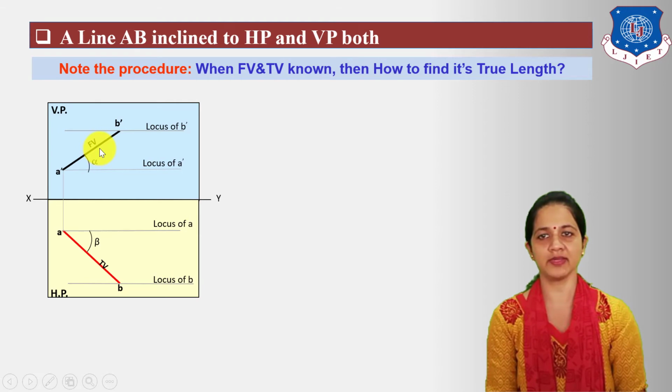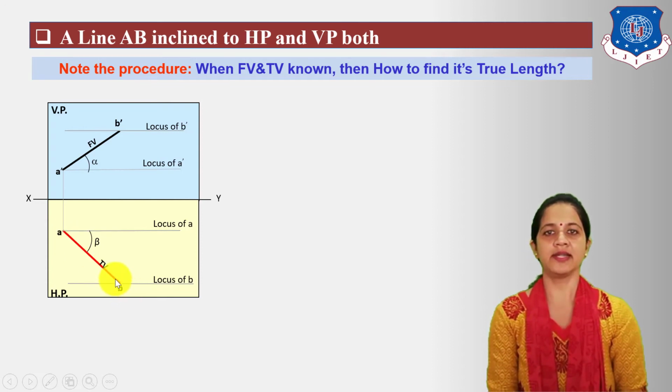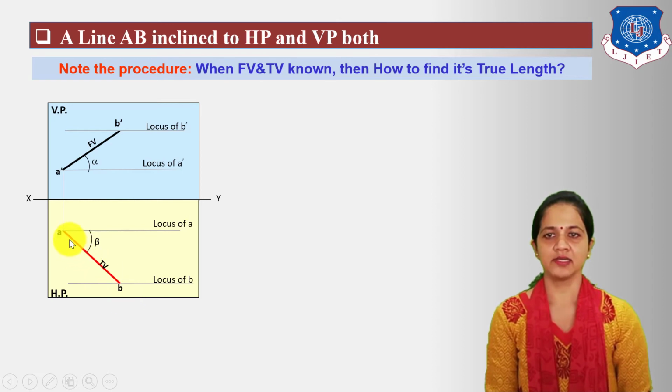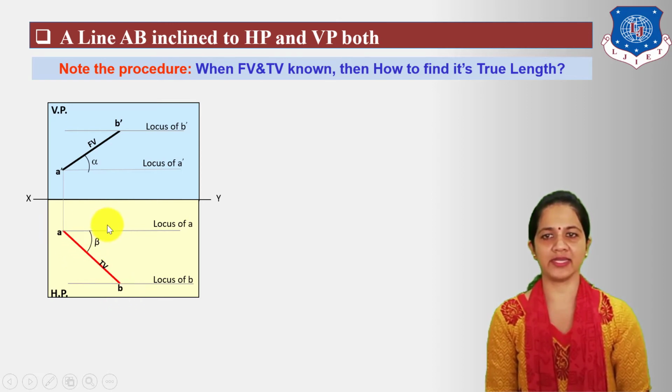Here the front view is inclined at an angle alpha and the top view is inclined at an angle beta. Alpha and beta are apparent angles, and the front view and top view lengths are also apparent lengths. Now, for finding true length, rotate the top view line about point A and make it parallel to XY.